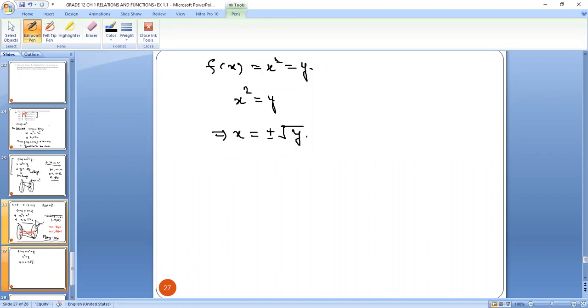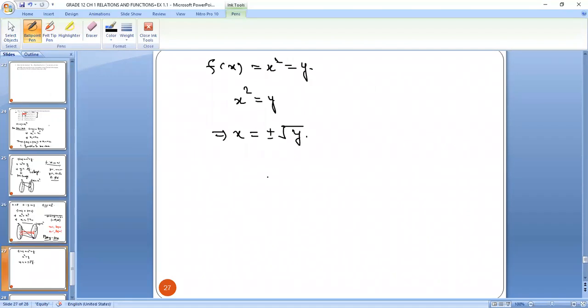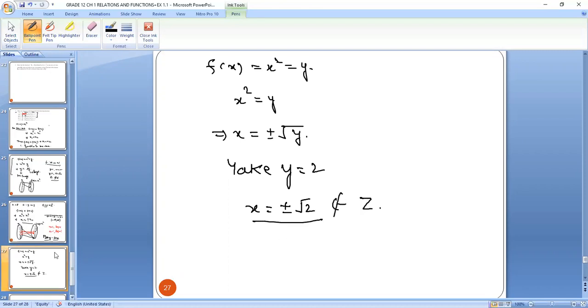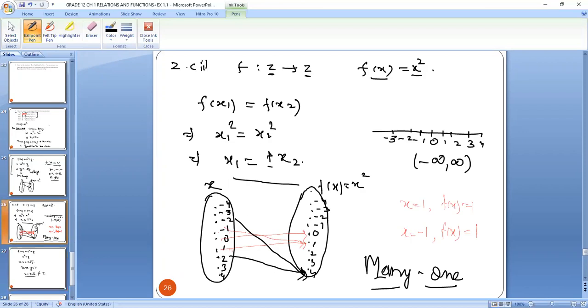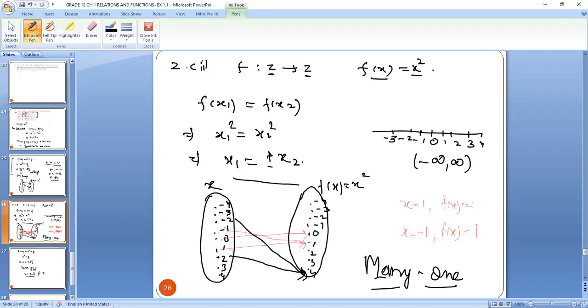For every integer y in the second set, x should be available, right? So if I take y equal to 2, x will be plus minus root 2, which does not belong to Z, because we are taking the set of integers only. Since y equal to 2 has no pre-image, the function is not onto.